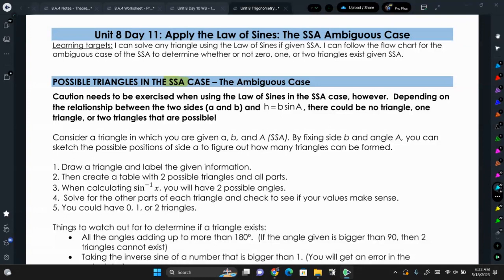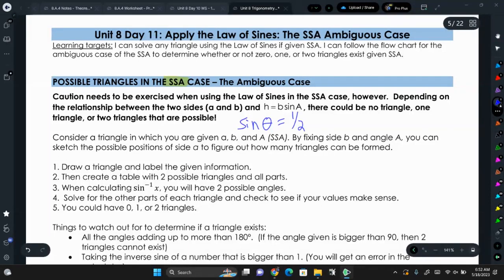That's because if we take the inverse sine of an angle, we know that we could have two possible solutions. For example, if I said the sine of theta is equal to 1/2, we know on the unit circle that sine is equal to 1/2 at 30 degrees and 150 degrees.